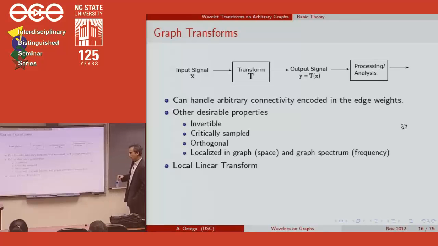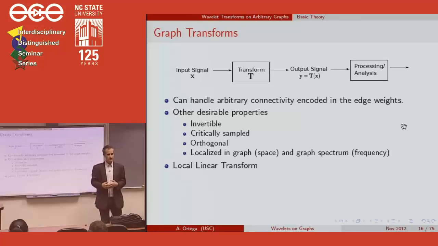One important point is that once you think about the graph spectrum, you can also think about localization. If you've done a course on wavelets, the first thing you hear about wavelets is that they provide a trade-off between time and frequency localization. In the context of a graph, the frequency localization is in terms of the graph spectrum, which is derived from the graph Fourier transform, and the spatial localization is how localized things are in the vertex domain.